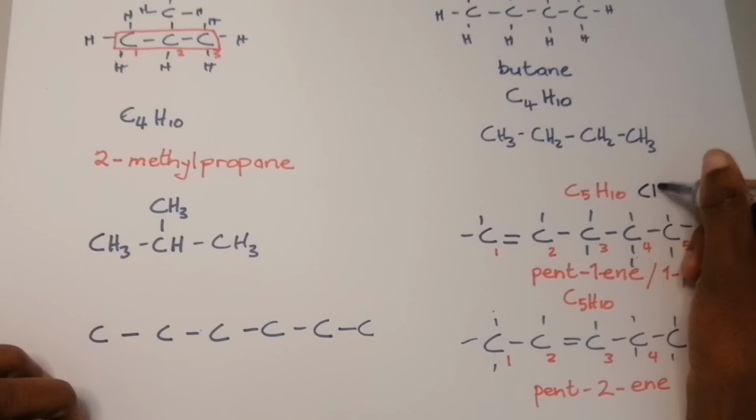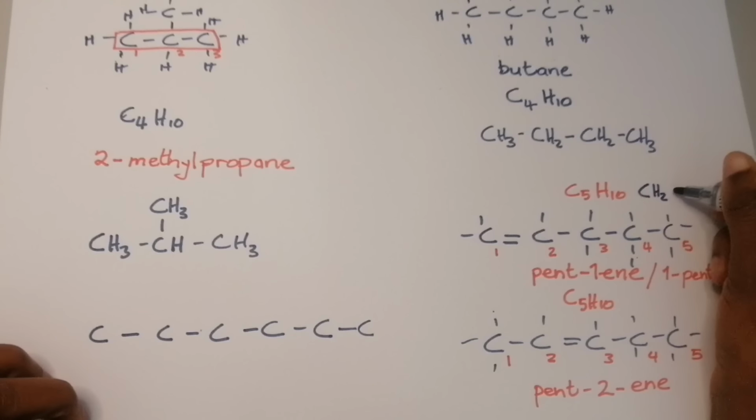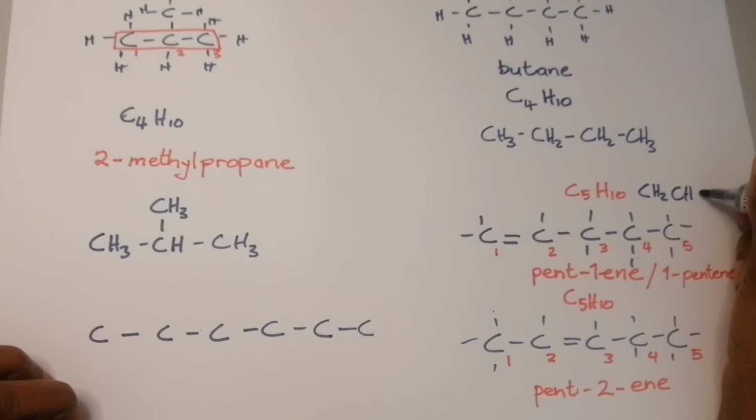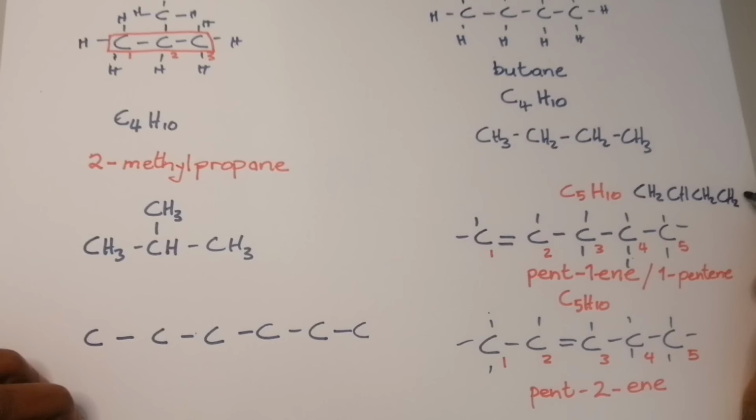So this would be CH2. Sometimes they do show the bond, so this would be CH2, CH. Can you see that C with 1 hydrogen there? CH2, CH2, and then just to squeeze that in there, that's CH3.